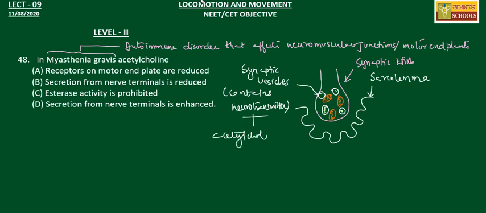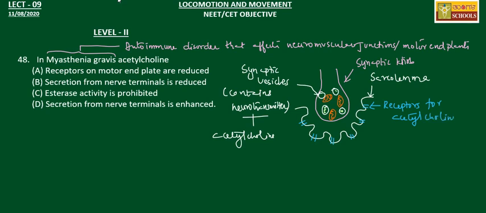On the sarcolemma we find receptors. These receptors will receive the acetylcholine.